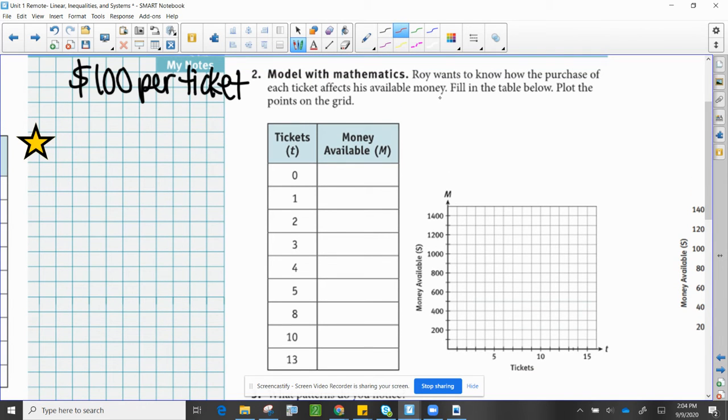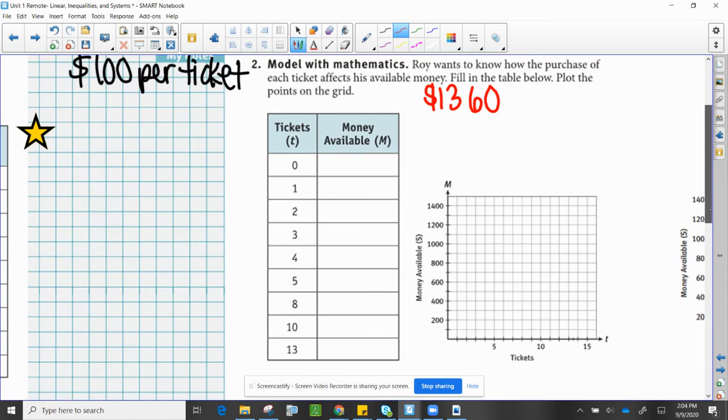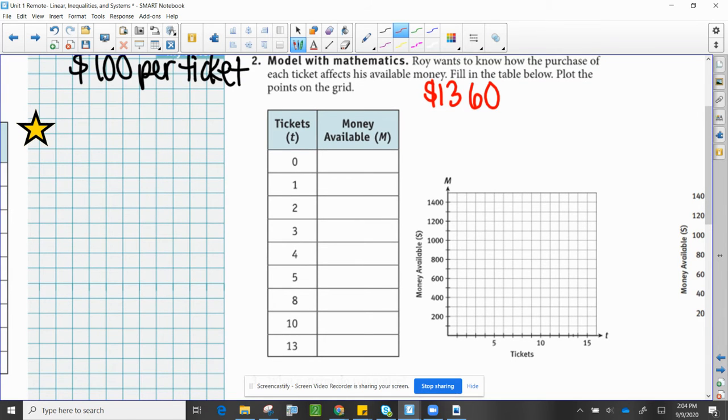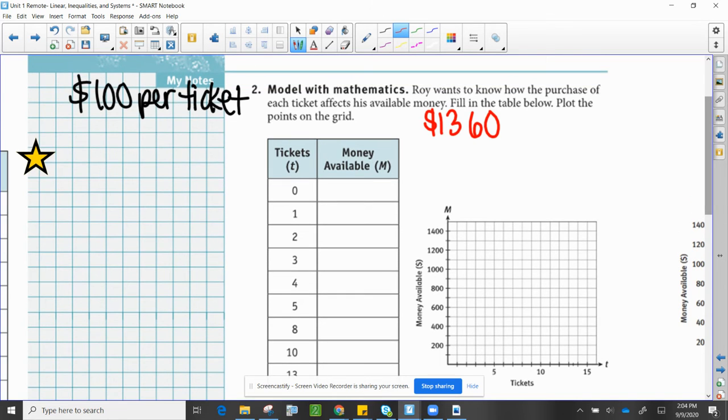From the last slide, we figured out that he's going to have $1,360 left over for going to shows and dining. So we're going to just focus on the tickets, but I want you guys to fill in this chart here. It wants to know how many tickets he buys and how that affects what money he has available. So again, if he doesn't go to any shows at all, he's going to have that $1,360.